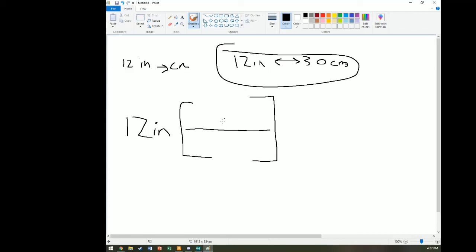Well, we know that these are units in the numerator and we want them to cancel, so in order to do that, we put these in the denominator, and then by process of elimination, we know that the 30 centimeters goes on top. And then when we multiply it out, the inches cancel, and it also just happens to be that those 12s cancel, so we also get 30 centimeters.